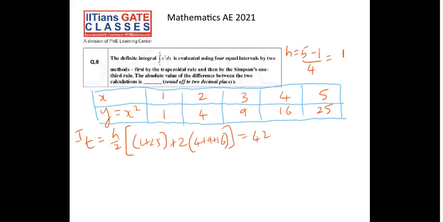The value of h is 1, which is half, and simplifying, we are going to get the final value as 42.